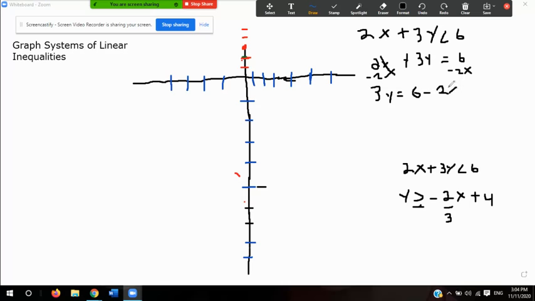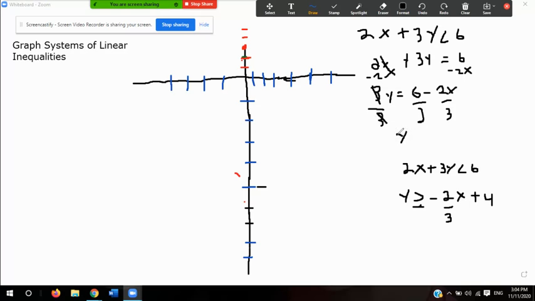So I'm going to divide by 3, and that would be y equals, and 6 divided by 3 is 2, and negative 2/3 x. This is going to cancel out, always making sure that you follow all the rules. And finally, you're going to have your system.